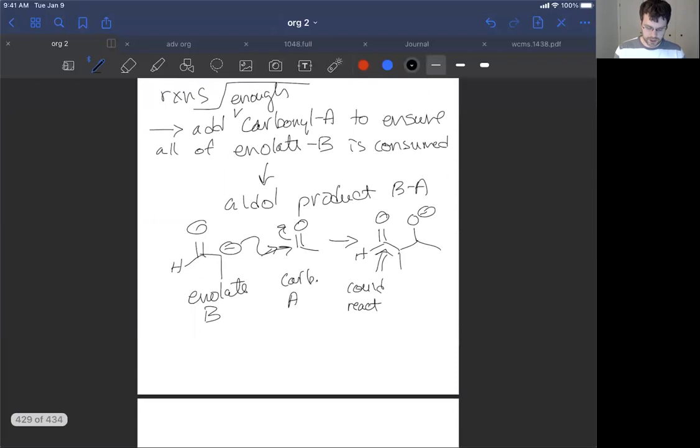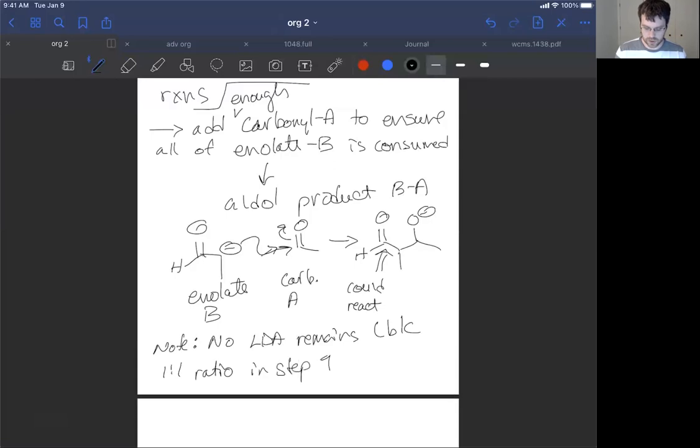Now, additionally, we should note that no LDA remains here, because we added a one-to-one ratio in step 1. So we wanted to control that stoichiometry.